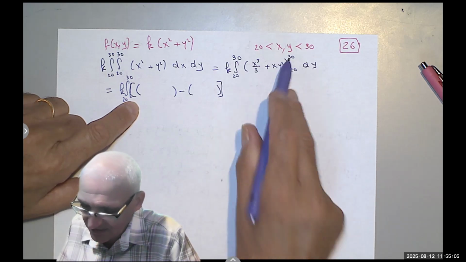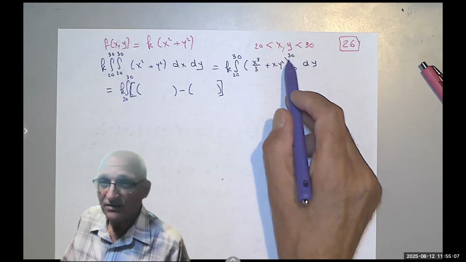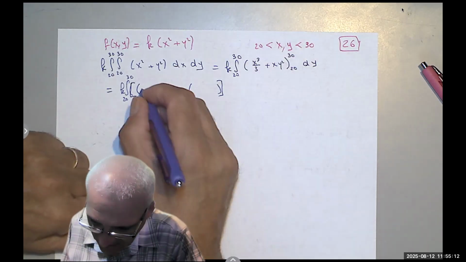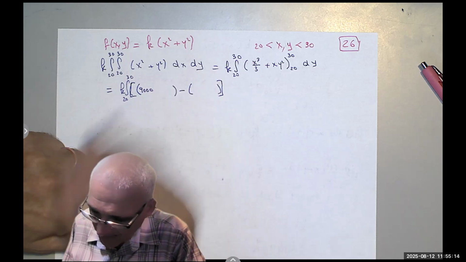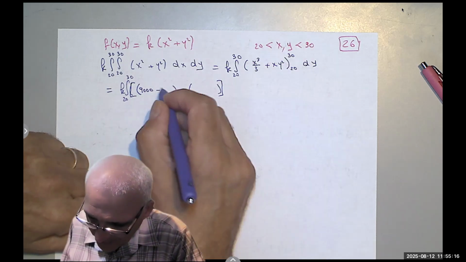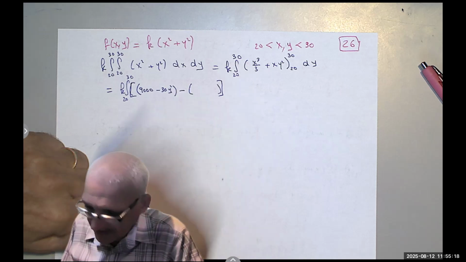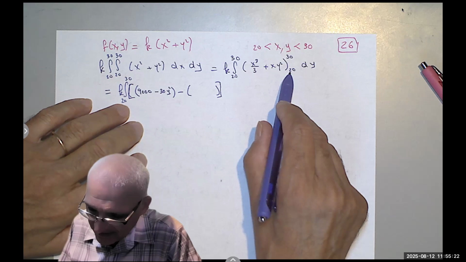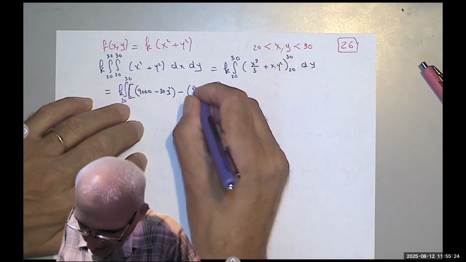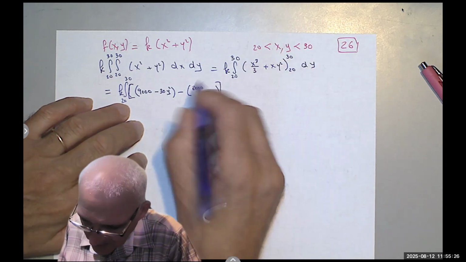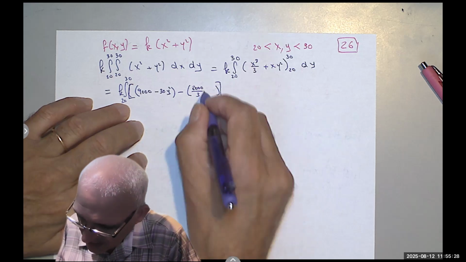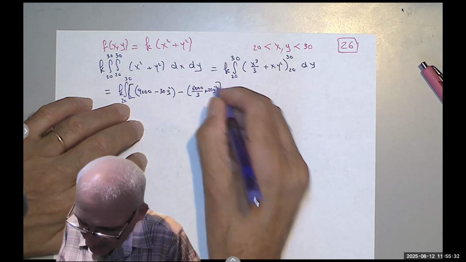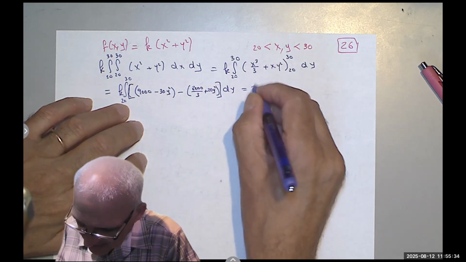So if x is 30, we get 27,000; remember, 3 squared is 27, over 3 is 9, so this is 9,000 minus 30 y squared. And then you subtract from that 8,000 over 3, right? 20 cubed over 3 plus 20 y squared, dy.